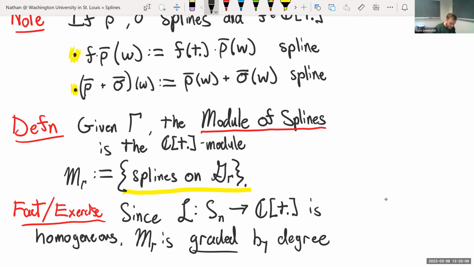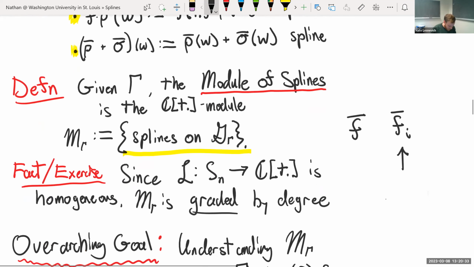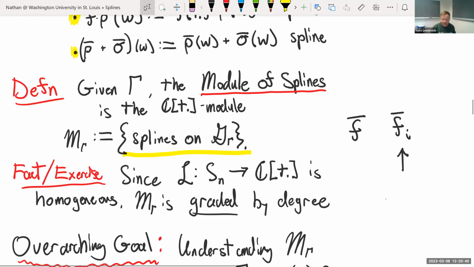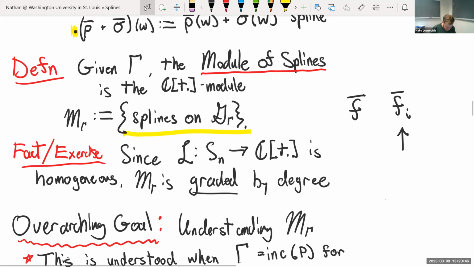So if you have an F bar spline and you take the ith graded piece, just by at every element of the symmetric group, I only want the monomials of degree i, then this is also a spline. Our graded piece is also a spline. So our first main overarching goal in this project is to understand this module. We want as much information on it as we can get.